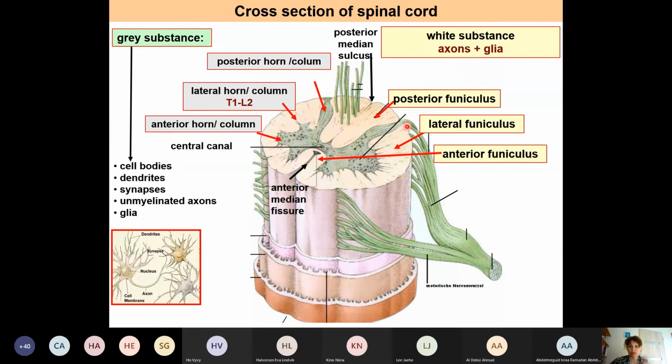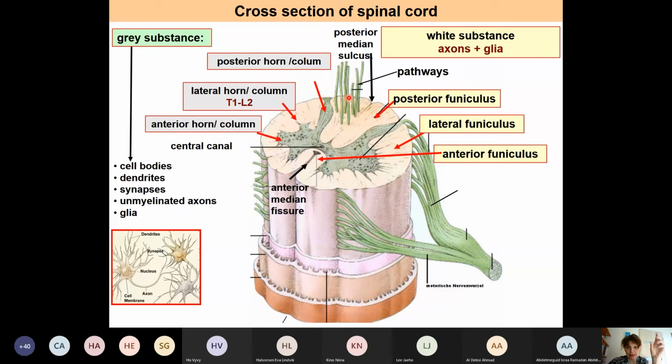So the borders are these grooves where the nerve rootlets enter and exit the spinal cord. This will be also visible in the next slide. But you have to understand that the axons can form tracts, pathways.